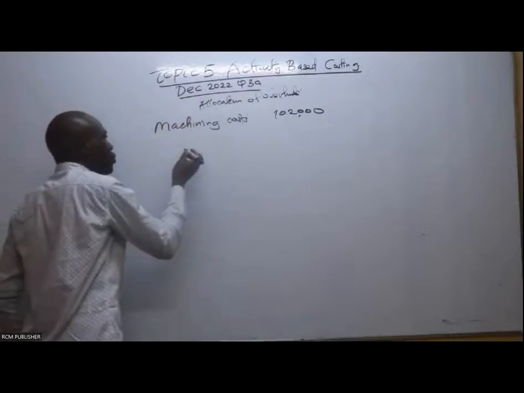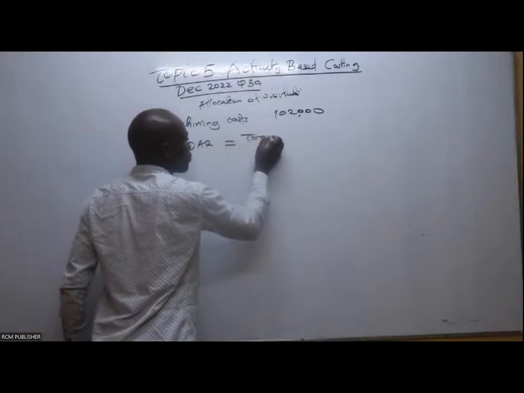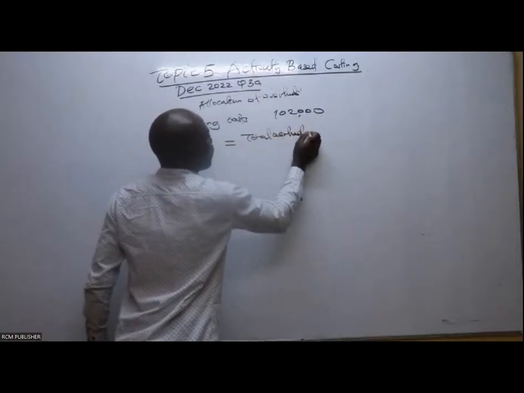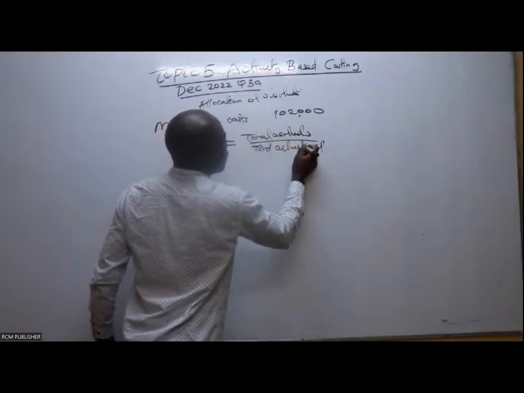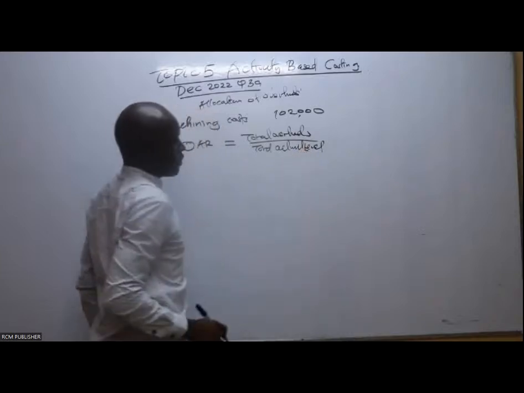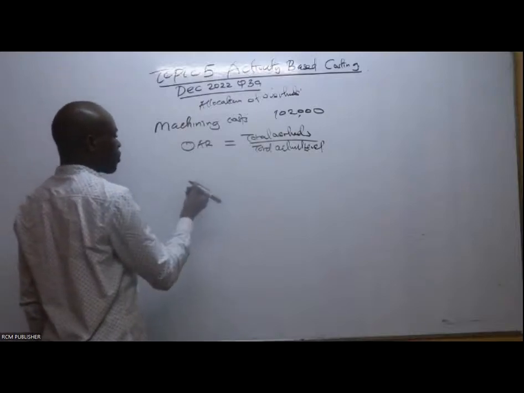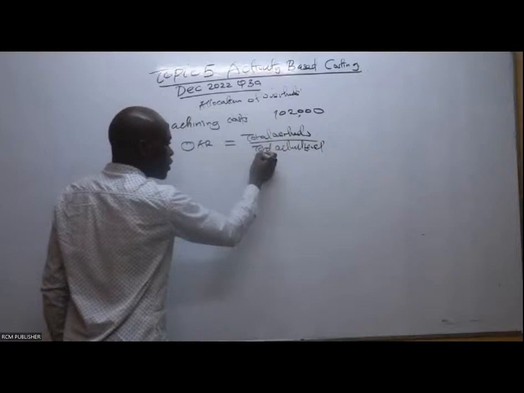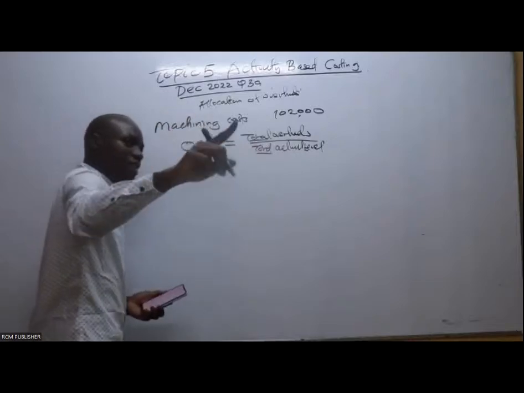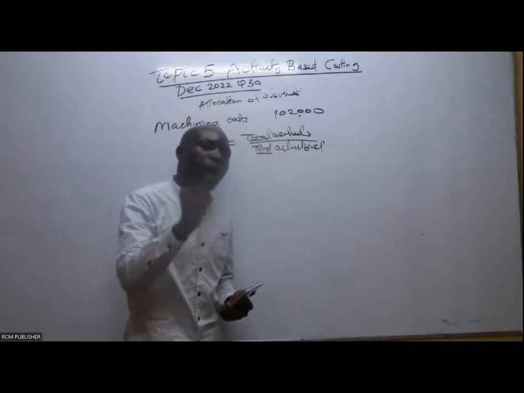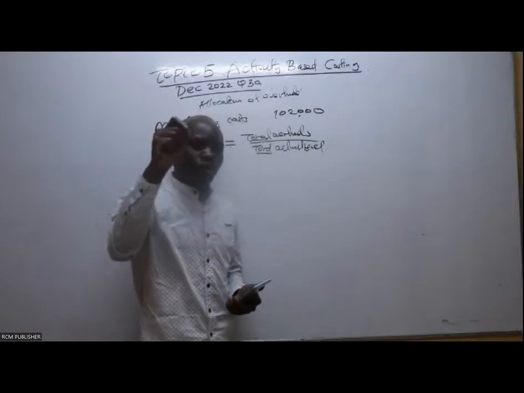For us to get overhead absorption rate, we are normally told it is total overheads divided by total activity level. This examiner was very wise. They know these people have crammed all this, so they twist a little bit and see what they are going to do. Here, this one is going to save somebody: total overhead over total activity level. Under cost drivers, we have machine hours per unit of output, not total units.